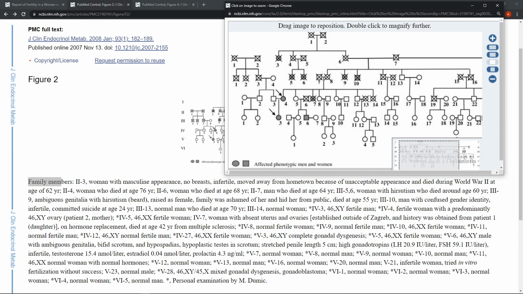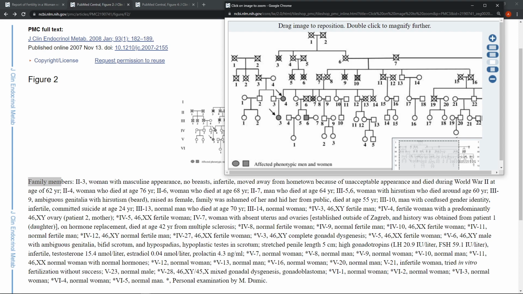It doesn't descend fully all the way. And hypospadias, hypoplastic testes and scrotum, stretched penile length of 5 centimeters. This means all of the genitalia is pretty underdeveloped. So this is that phenotype of having either ambiguous genitalia or underdeveloped genitalia.